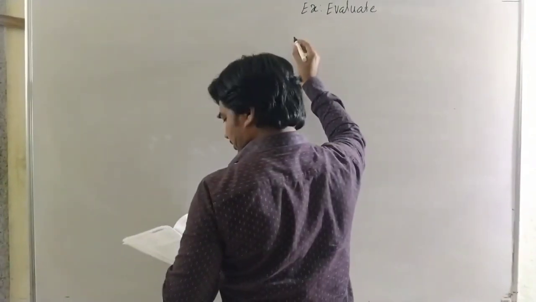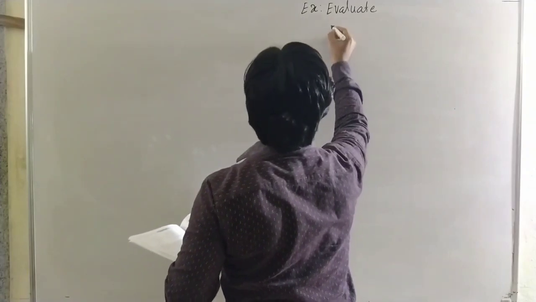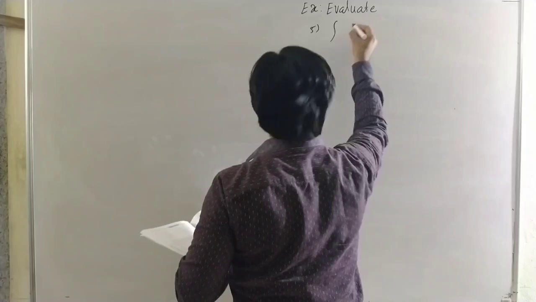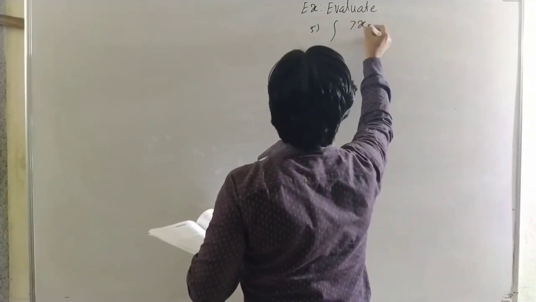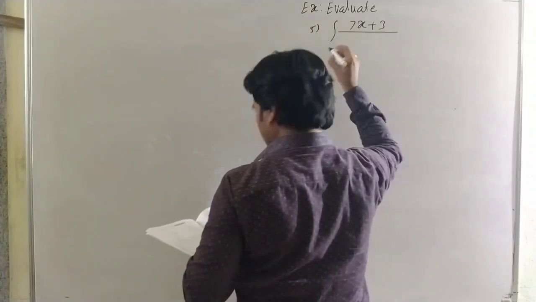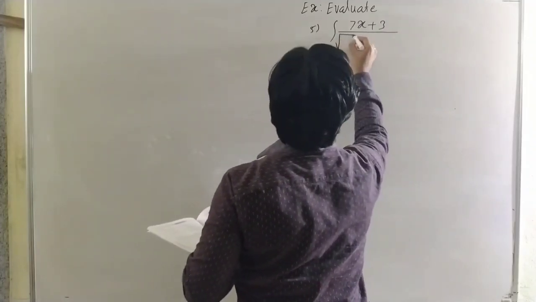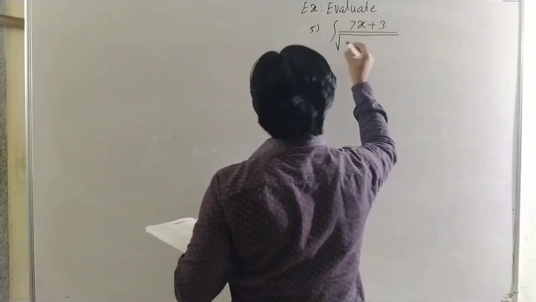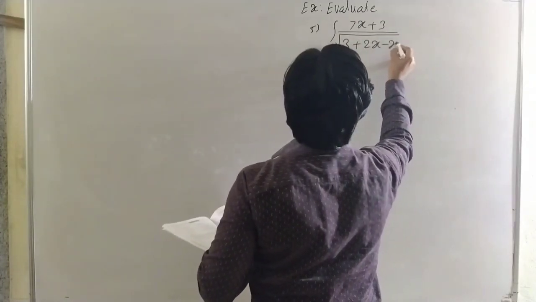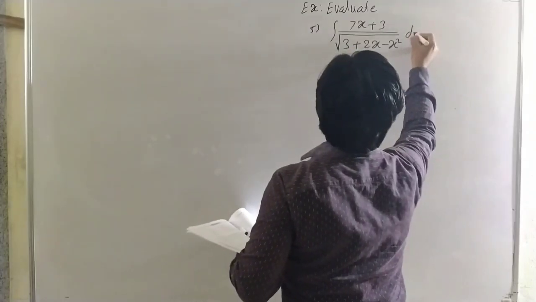Next, example number 5. Integral of 7x plus 3 upon under root of 3 plus 2x minus x square dx.